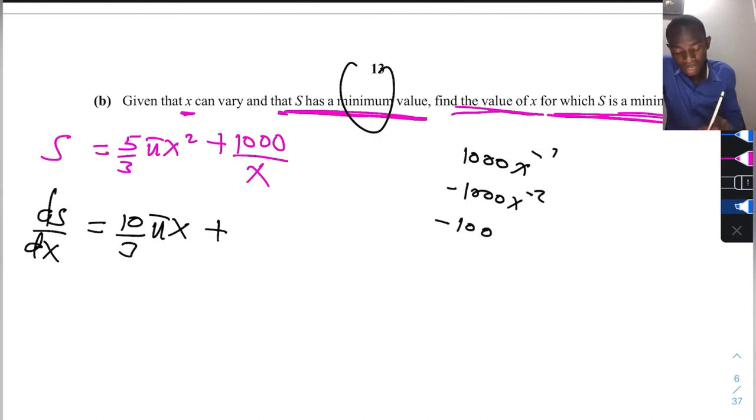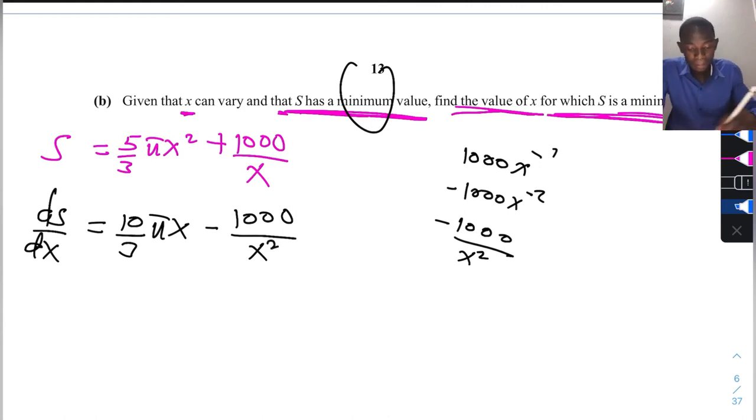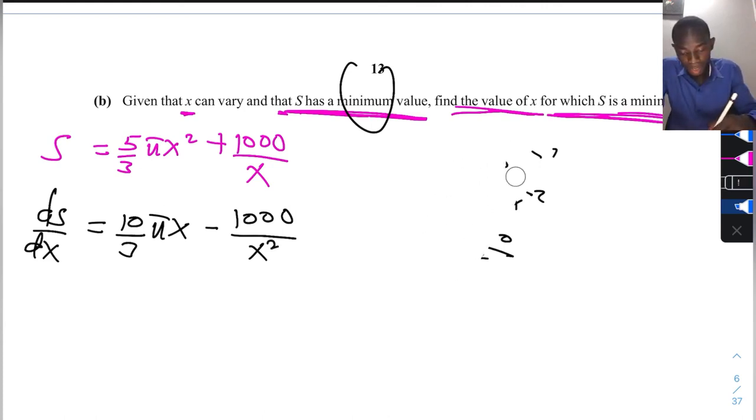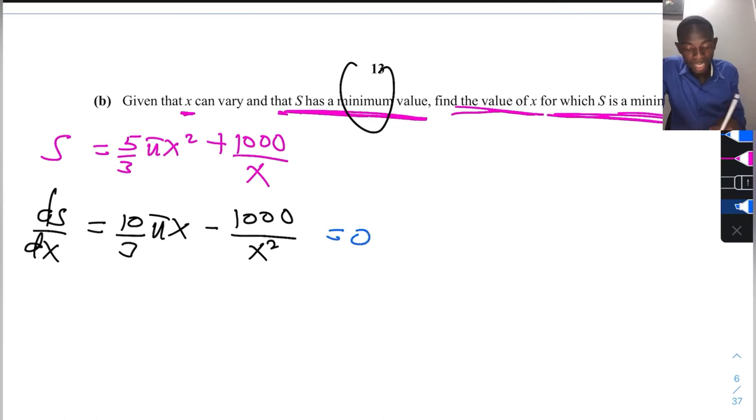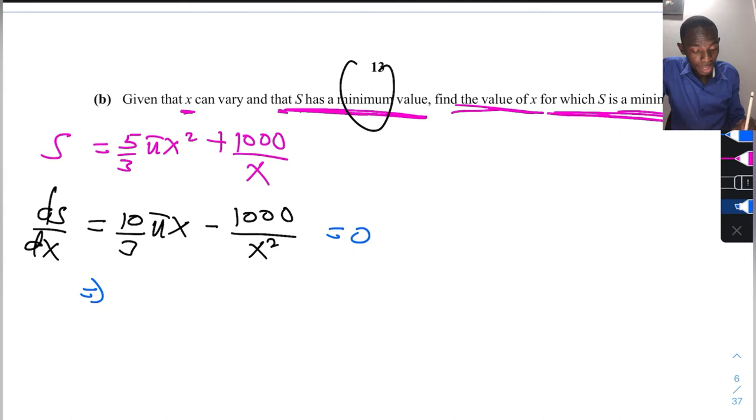So basically I have negative 1000 over x squared. Let me clean this part. It was just to cement the idea. Okay, so now at the minimum or at the maximum, when we differentiate, we normally equate it to 0. Okay, so I have equated it to 0.